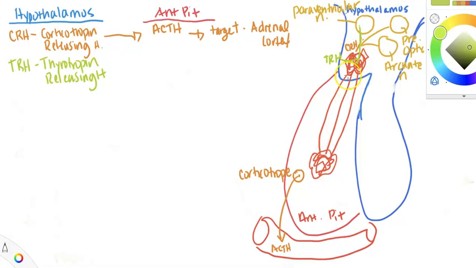TRH goes into the portal system at the capillary bed 1, goes down to capillary bed 2 to a thyrotrope. And that's a cell called a thyrotrope. The thyrotrope will then dump TSH into the blood.